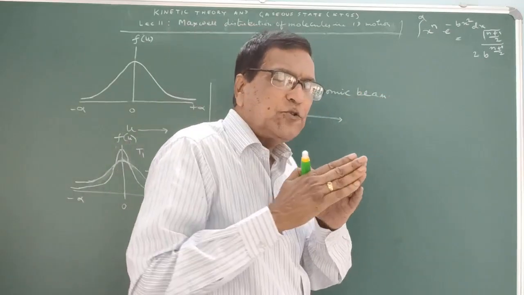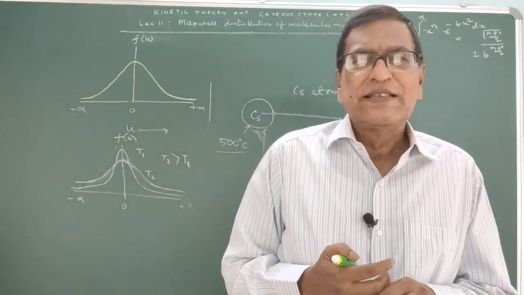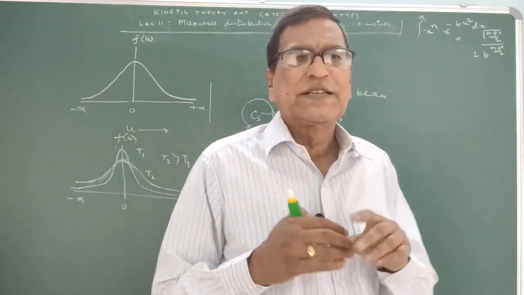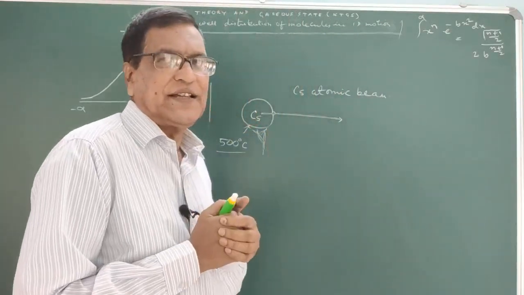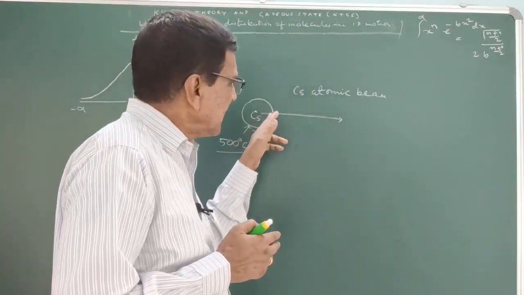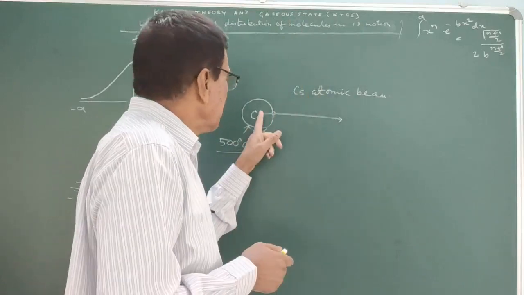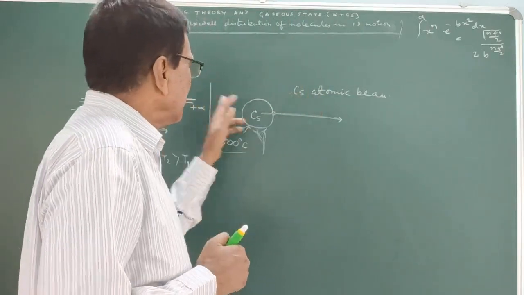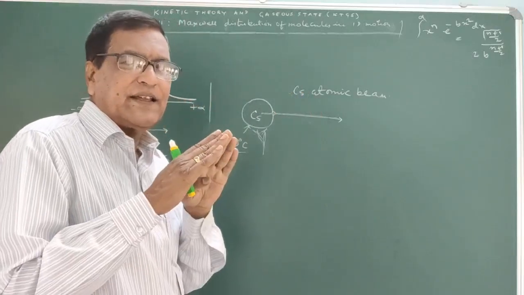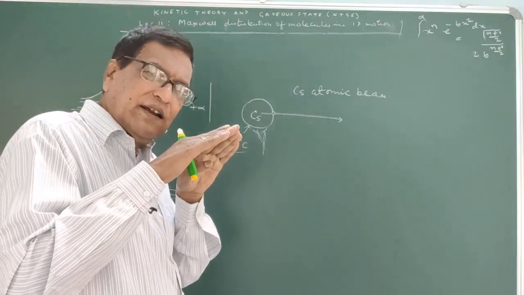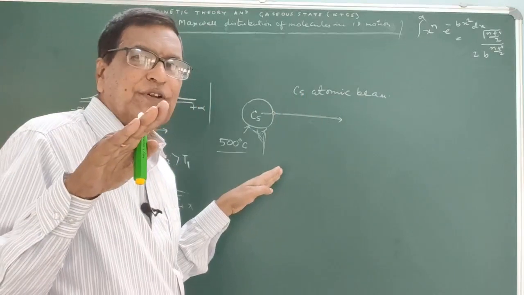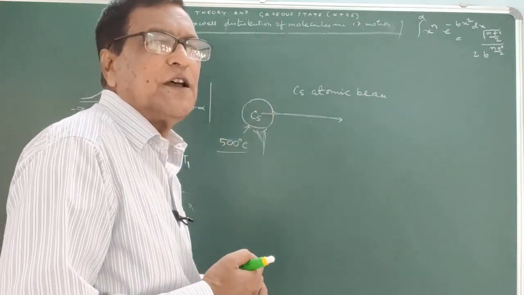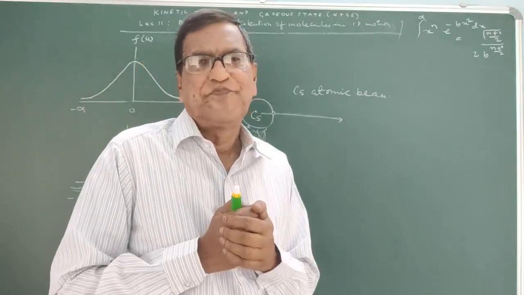So if we would like to produce the atomic beam of a metal, then we shall have to take this arrangement. And here all the cesium atoms are moving from 0 to plus infinity. 0 to minus infinity, they are not able to move. They will be rebounding from the wall of this globe.